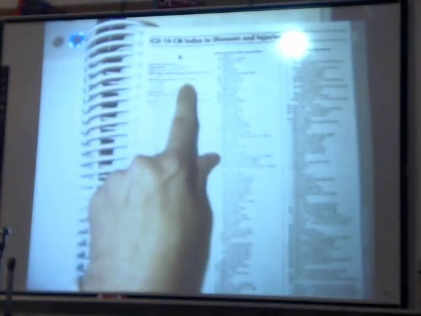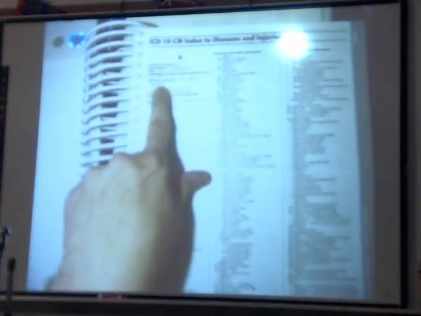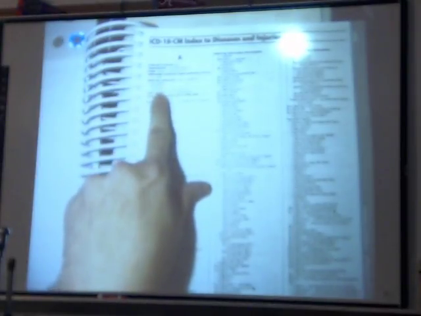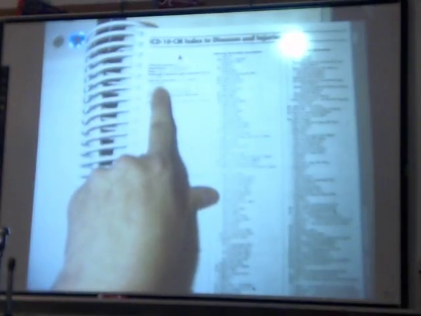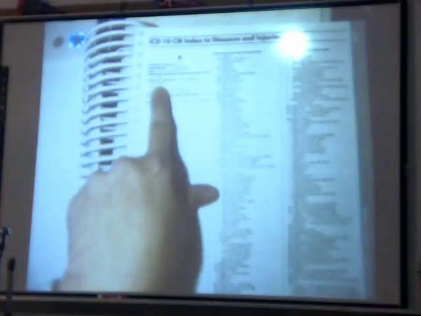So I have abdominal pain, and it says underneath it I have acute pain, angina, and muscle deficiency syndrome. So say my patient comes in with an acute abdominal pain. Acute abdominal pain basically means it is not long, they've not had it for 6 months. It is something that is relatively new. And so that's going to be under R10.0.